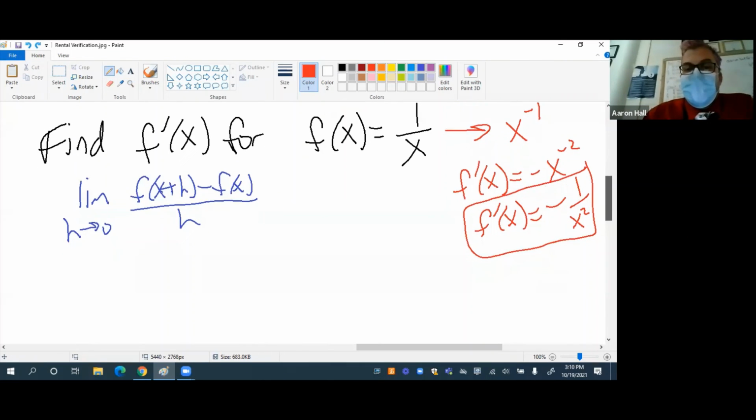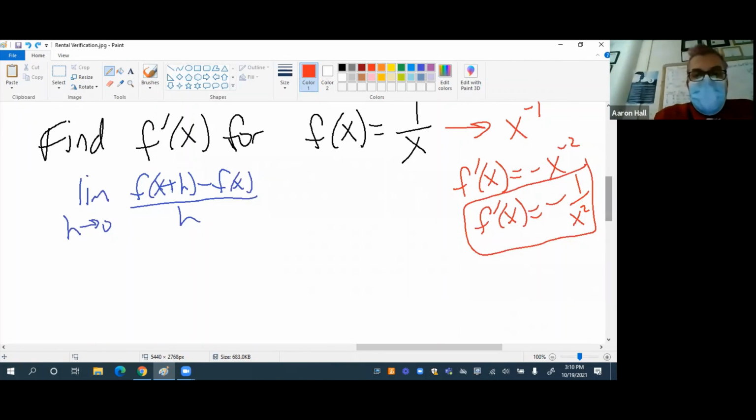So what's my f? If f of x is 1 over x, then what is f of x plus h? Isn't that just 1 over x plus h, minus f of x, which is 1 over x, all over h.